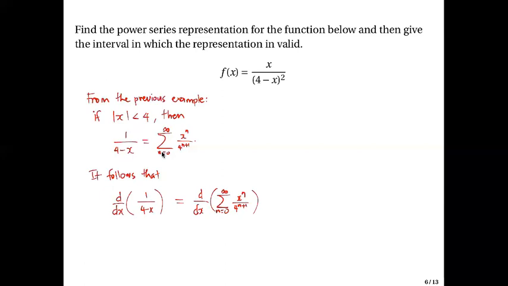And for this guy here, we shall get 1 over 4 minus x quantity squared. Whereas for this guy here, using the theorem, we will have the sum from n equals 1 up to plus infinity of n times x to the n minus 1, divided by 4 raised to n plus 1.